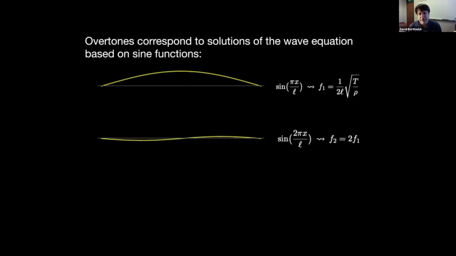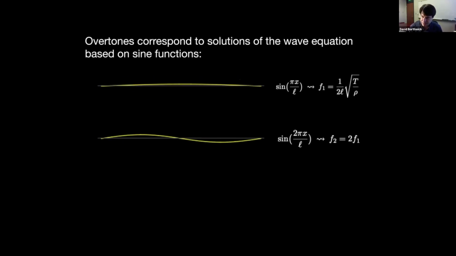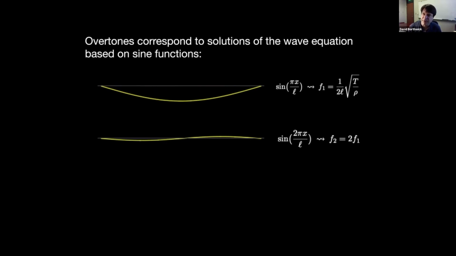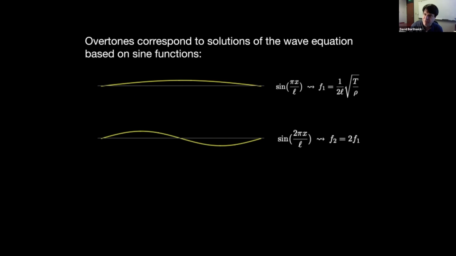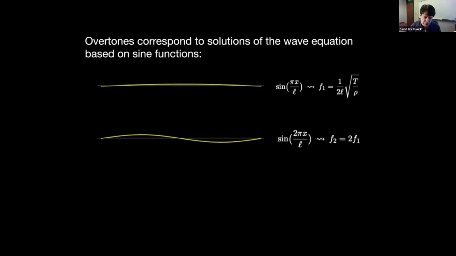The next possible vibration pattern has half the wavelength and twice the frequency. So the fact that these are related the way they are, the fact that frequency is inversely proportional to wavelength is something that is predicted by this model of the wave equation. And the wave equation is just derived from basic physical understanding of how the string works.